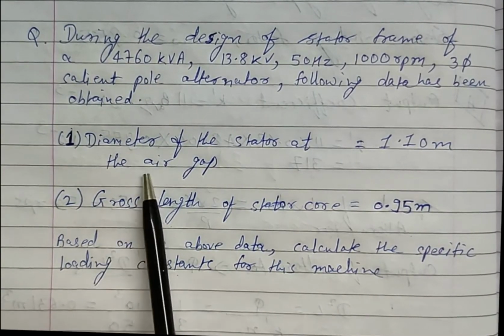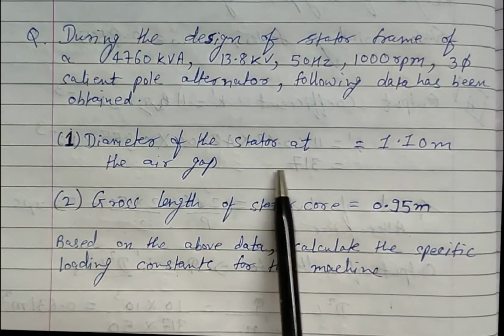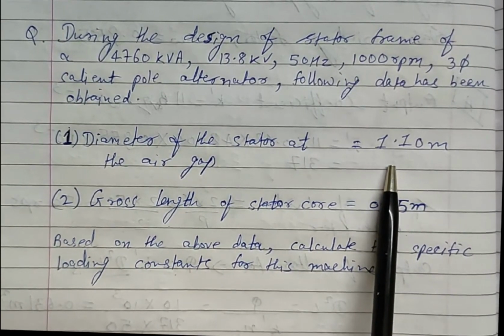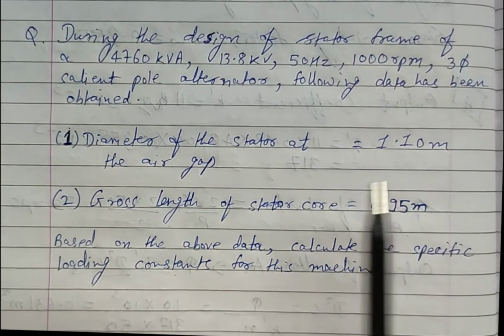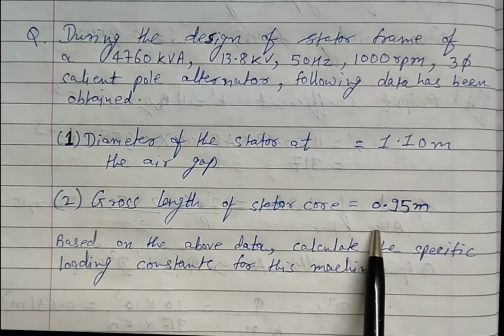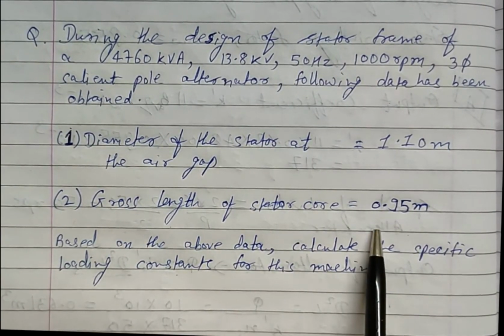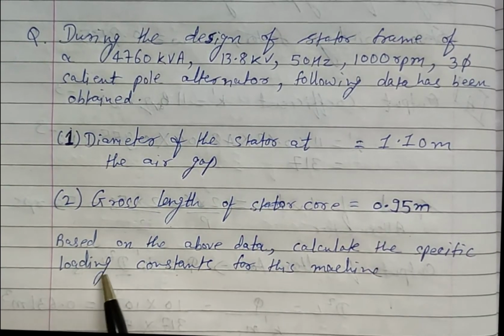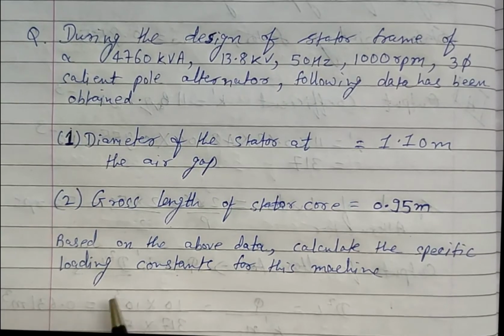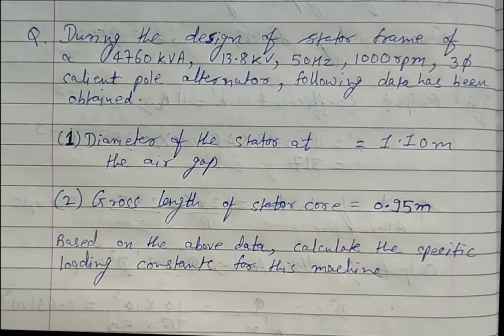The first is the diameter of the stator at the air gap is 1.10 meters, and the gross length of the stator core is 0.95 meters. Based on the above data, calculate the specific loading constants for this machine.